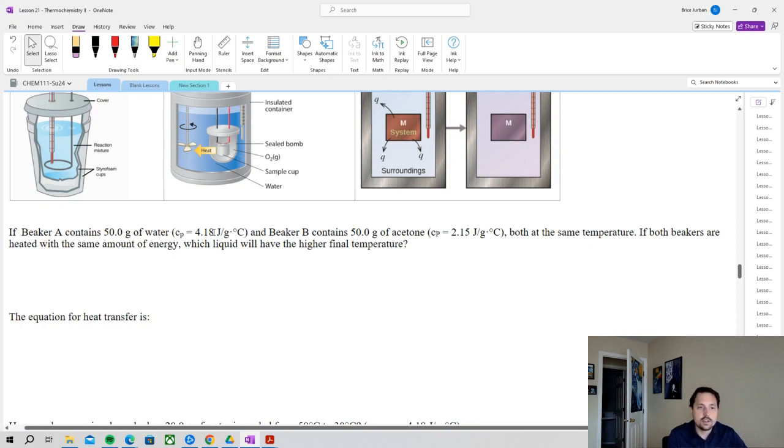Well, the water here has a larger heat capacity. Sorry, I'm totally reading this question wrong. If both beakers are heated with the same amount of energy, which liquid will have the higher final temperature? Well, the water is going to heat up more slowly, so the acetone, for the same amount of energy, will have the higher final temperature.